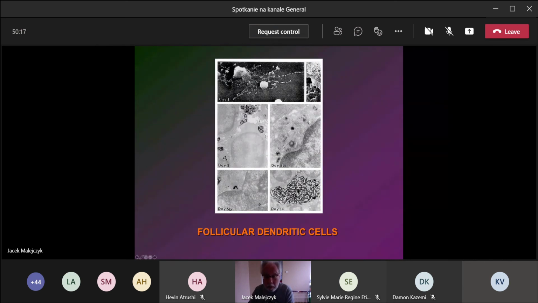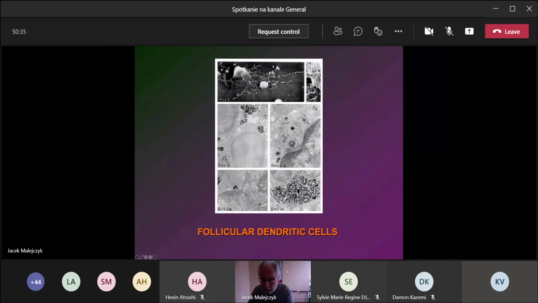Another interesting thing is that in the picture done with the electron microscope, you can see the surface of these cells, how complicated it is.